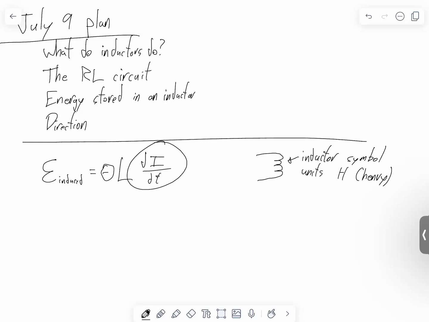The inductor acts like a battery, trying to keep the current going like it was before, reinforcing the current direction. You flip it around: if current is increasing, then negative times a positive is a negative. The inductor drops voltage, acts like a resistor, tries to dissipate current, right? Okay.